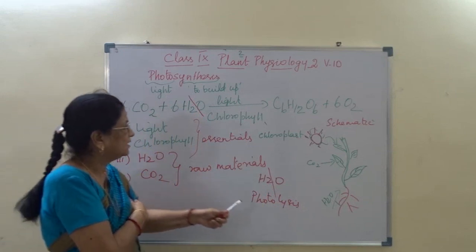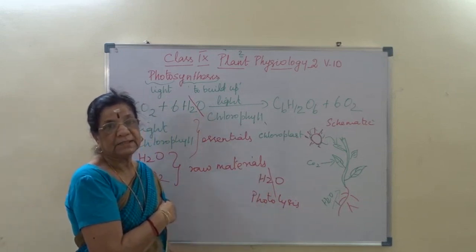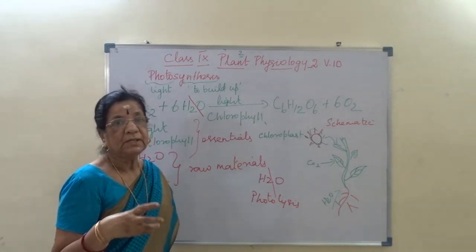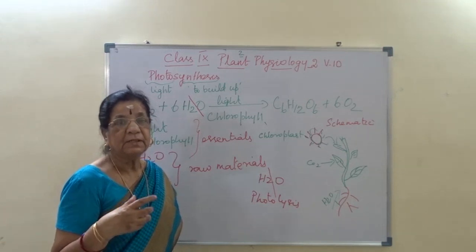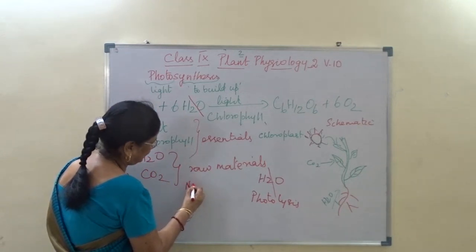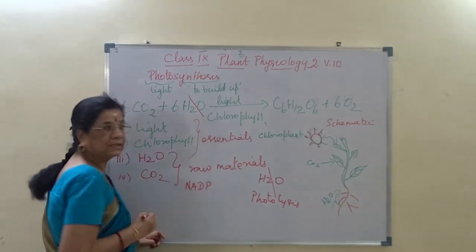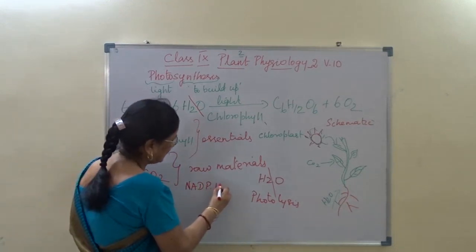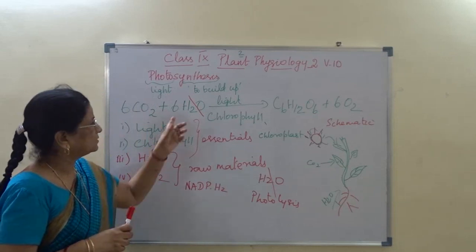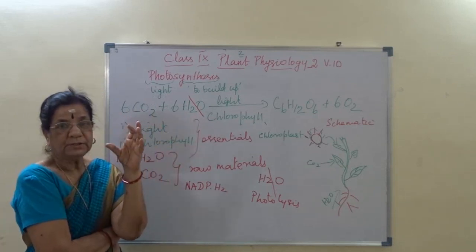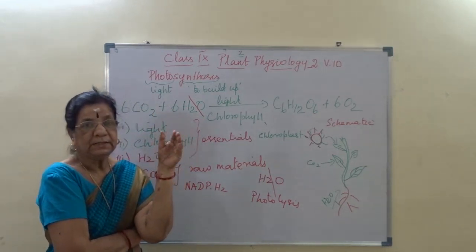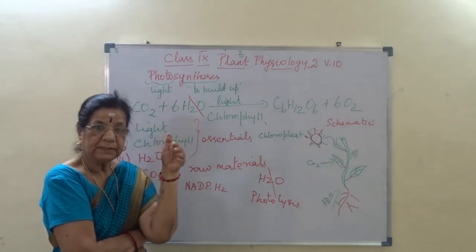Now this hydrogen, as it is unstable and highly reactive, has to be accepted by the hydrogen acceptor, that is NADP. It accepts hydrogen to form NADPH2. I repeat, during photosynthesis, sunlight falls on the leaf, which contains chlorophyll in the chloroplast.